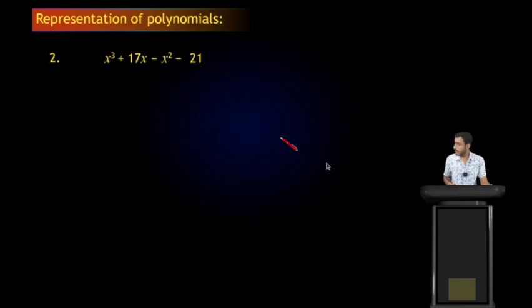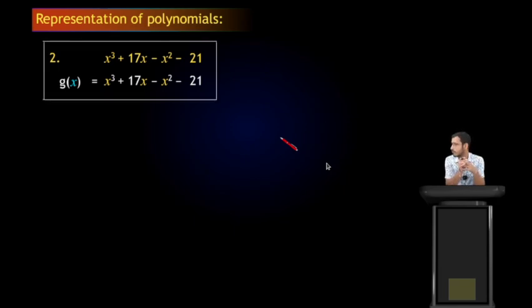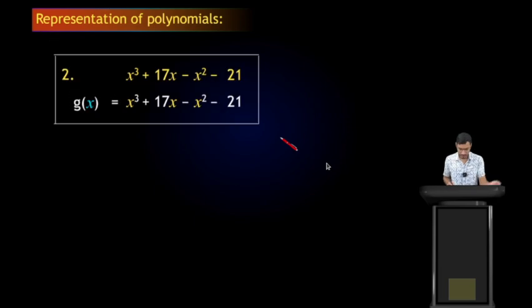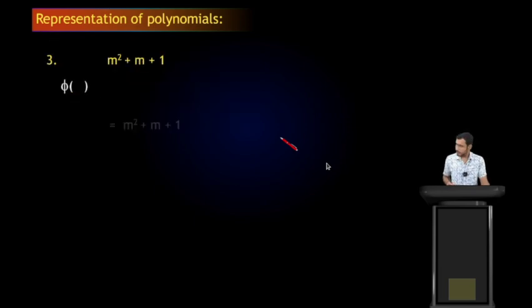Now x cube plus 17x minus x square minus 21, we can write g(x). We can give any name to the polynomial like this: g(x), f(x), m(x), p(x). Next, m square plus m plus 1, so the polynomial contains the variable m here.